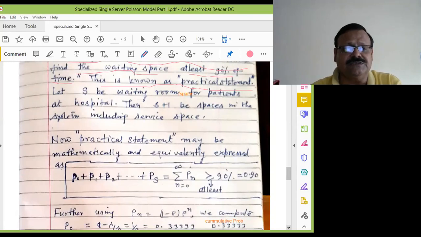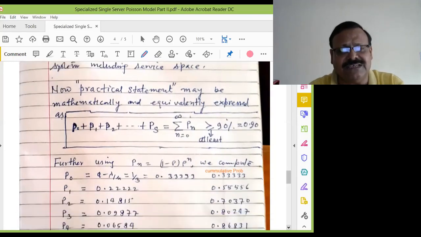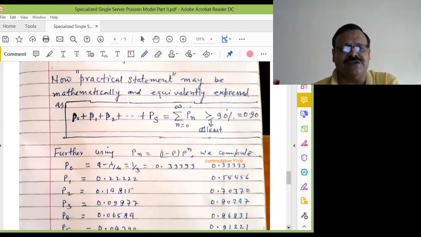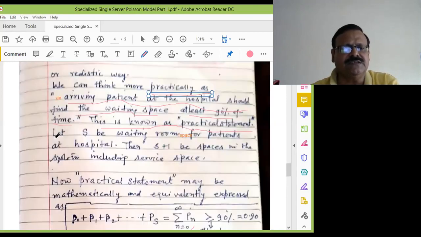Now, the practical statement may be expressed mathematically and equivalently. Look here, this is the total probability for P1, P2, P3 and so on. Let S be the waiting room or space for patients at the hospital. Then S plus 1 is the spaces in the system, including the service space, since one patient is in service.